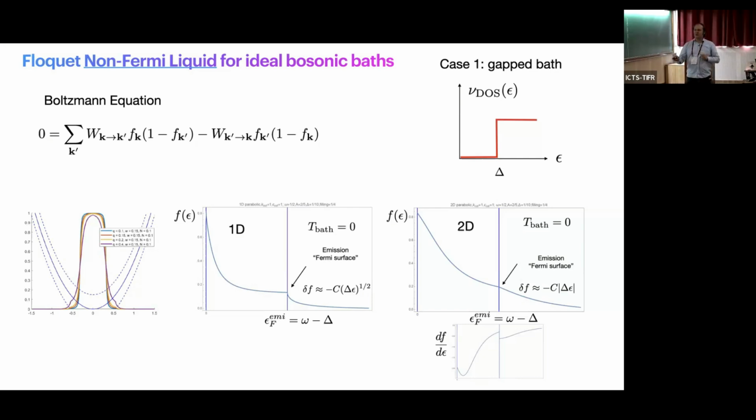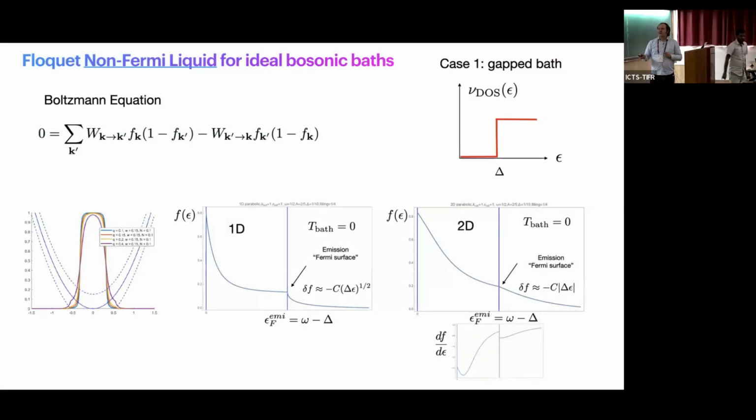And so initially, when you have very weak drive, you have some kind of thermal distribution, right? So even though the bath is at zero temperature and you're shaking the electrons, the electron temperature is a bit higher than the bath. So it's initially a broadened Fermi-Dirac distribution of the electrons, but then as we increase the amplitude, we notice that some kinks start to appear, okay?